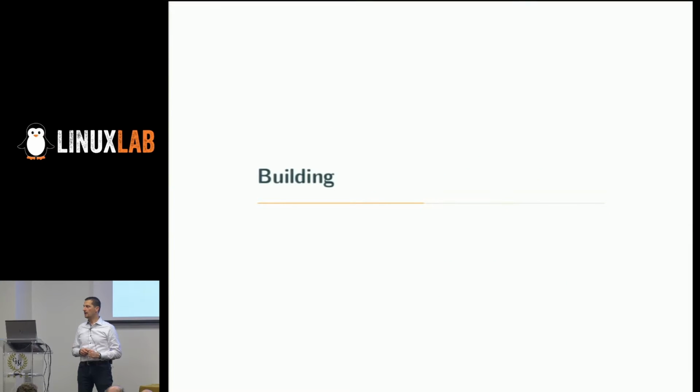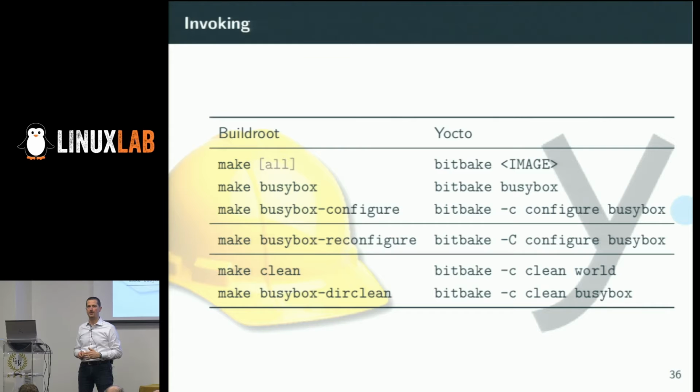Running a build is not only a matter of running make or bitbake core-image-minimal. You may want to run a more specific build because you are developing a package, for example, and so you want to troubleshoot that, or you want to run a partial build. You can do it in both build systems.